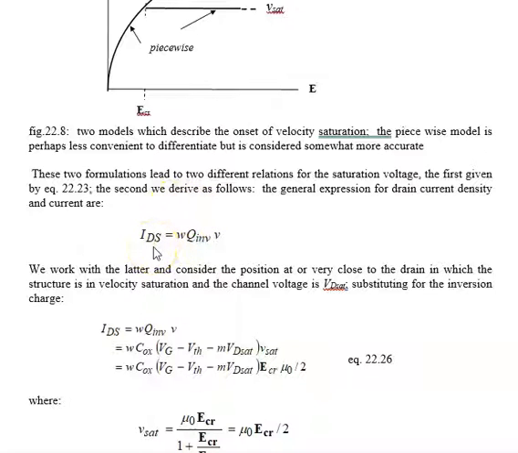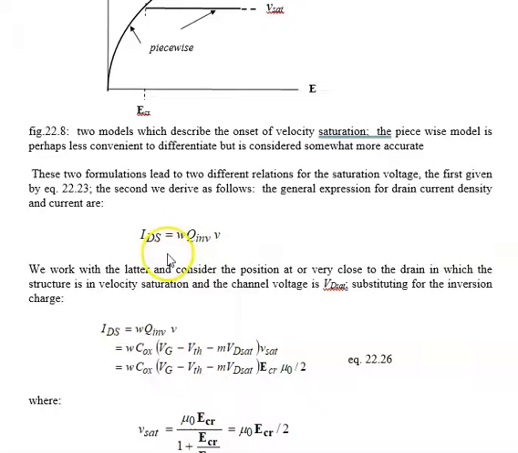We can also just as easily use the current directly, because the units of W are centimeters, units of Q inversion are coulombs per square centimeter, velocity centimeters per second. So here we have centimeter squared on the bottom, centimeter on top, and the centimeter on top takes care of one centimeter of the square. So this has a second on the bottom, coulombs on top, coulombs per second.